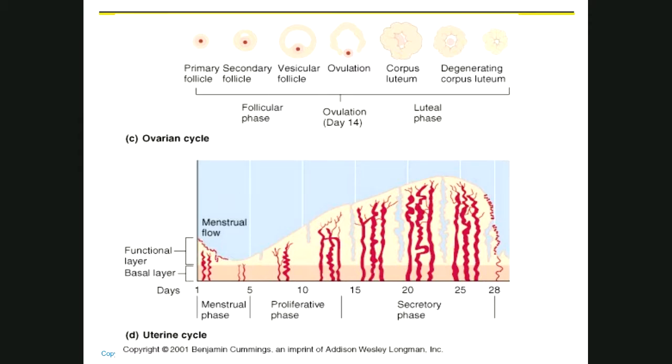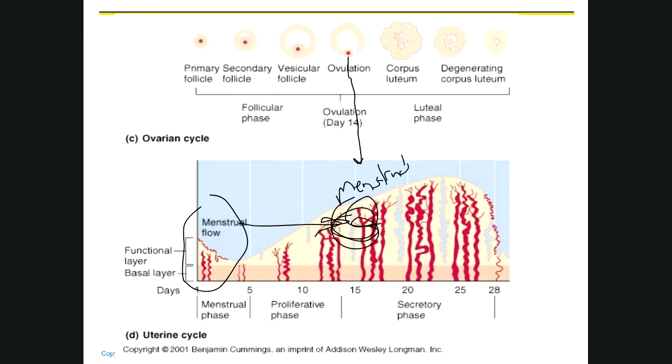Because think about it, if they didn't match up, what if this was shifted over here? In other words, what if when the fertilized egg got here, the female was going through menses or menstruation? Well, not only would the wall of the uterus slough off, but so would this fertilized egg. It would be sloughed off and lost.